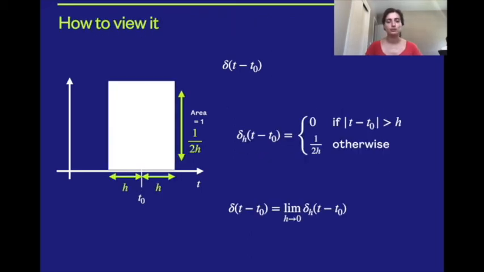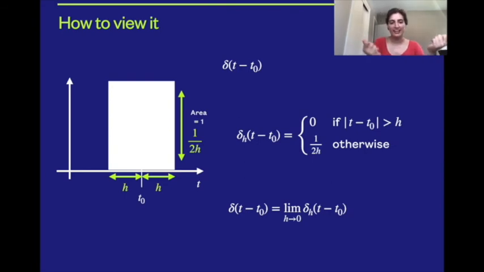So let's try to look at how to view it. Here I have drawn on the left this delta h. Delta h is something that is around t0, and if you're close enough to t0 it is non-zero, if you're too far it is 0. So if you're further away than h from t0, delta h is 0. If you're close enough, it still needs to have an area of 1, so its height is 1 over 2h.